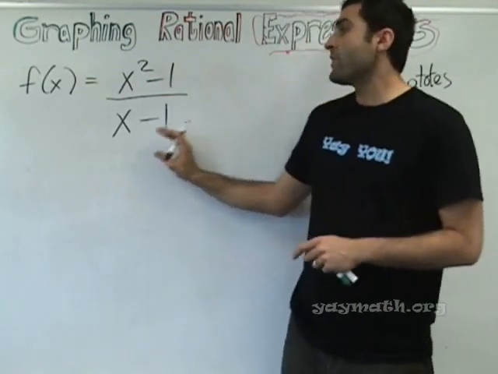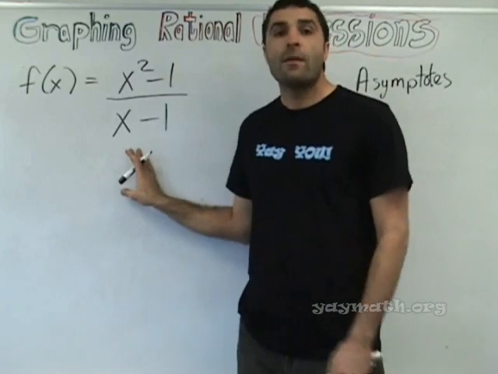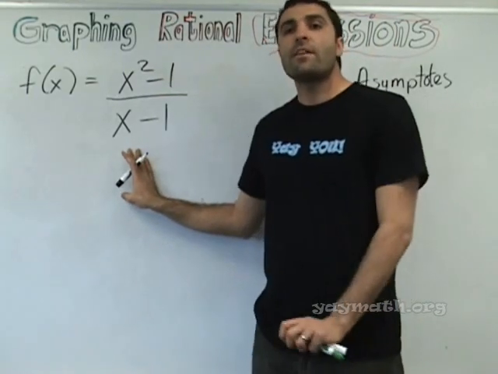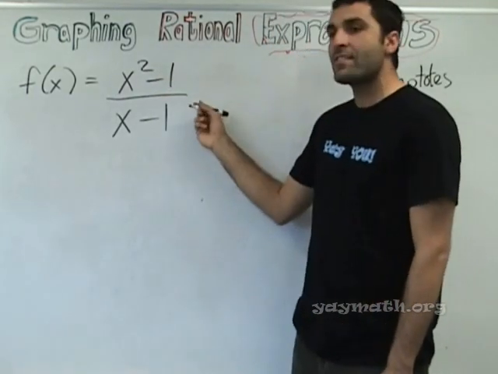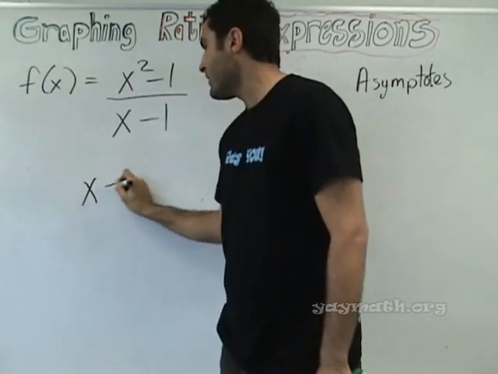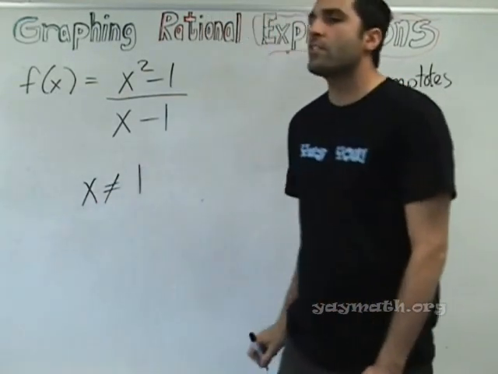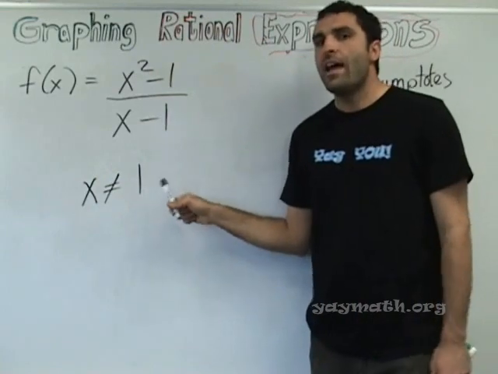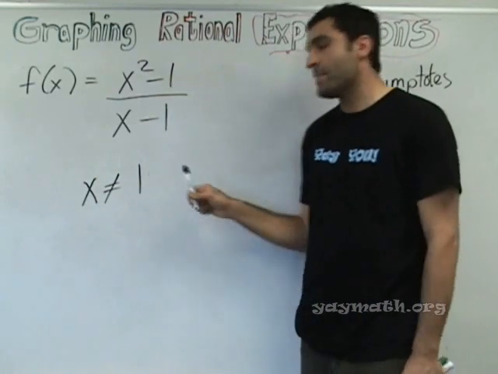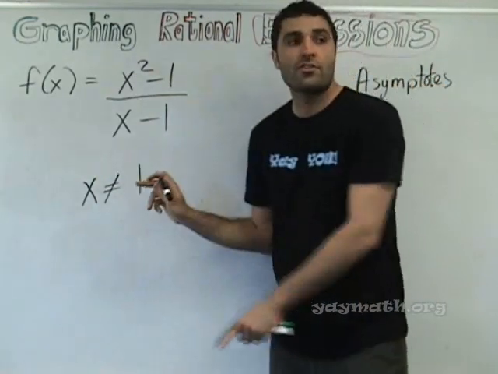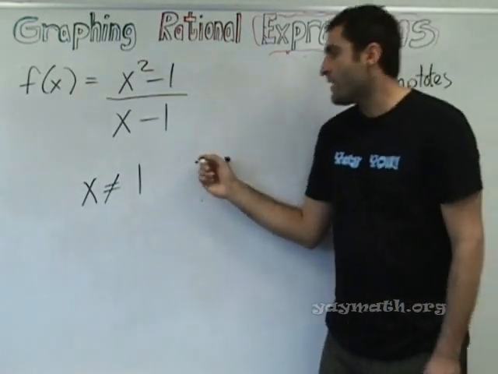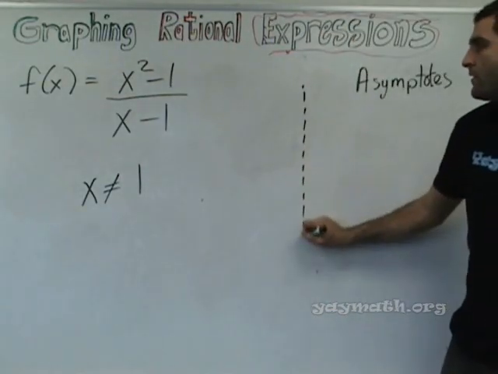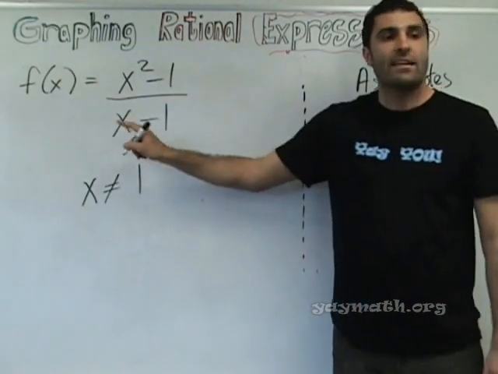But don't you agree that the restrictions have to do with the denominator only? Yeah, the denominator only is the restriction. So it's tempting to say that the vertical asymptote will be at the line x equals 1. Can you say that again, but slower? Sure. It's tempting to say that the vertical line that we draw is at the line x equals 1.